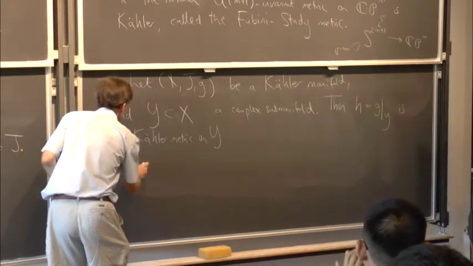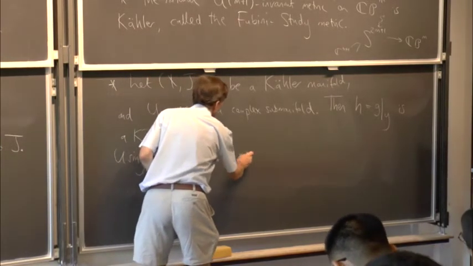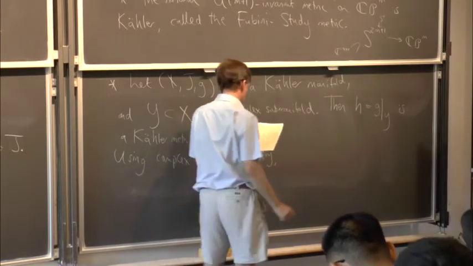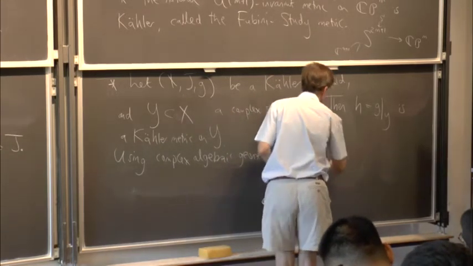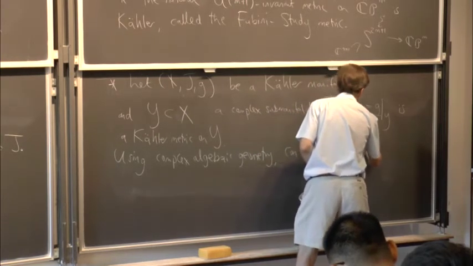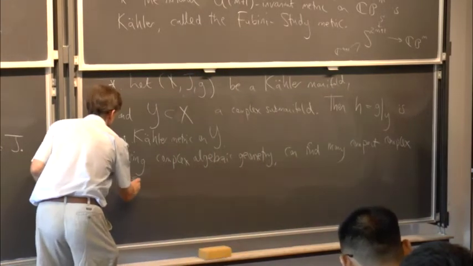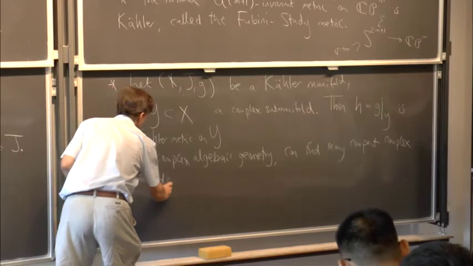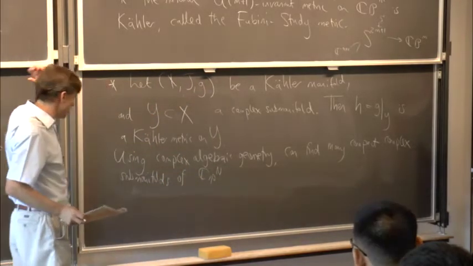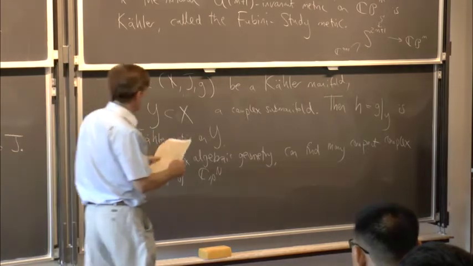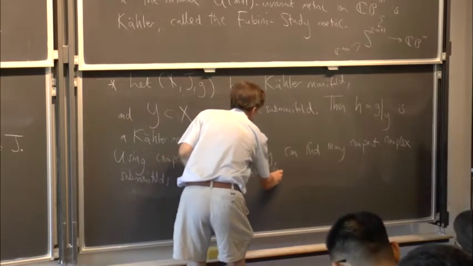If we use complex algebraic geometry, we can find lots and lots of complex submanifolds of complex projective spaces CP^N, where usually you think about the ambient dimension big N as being large, and these complex submanifolds are called projective complex manifolds.